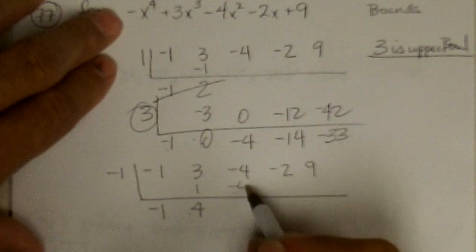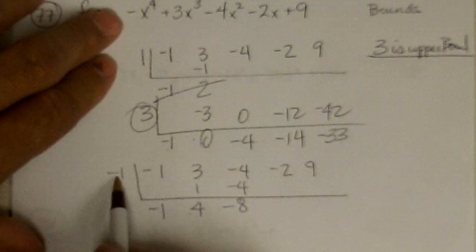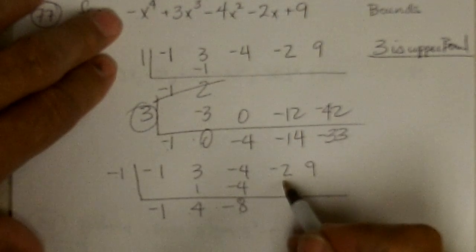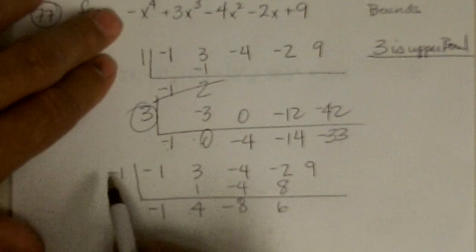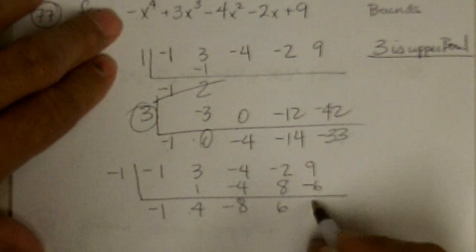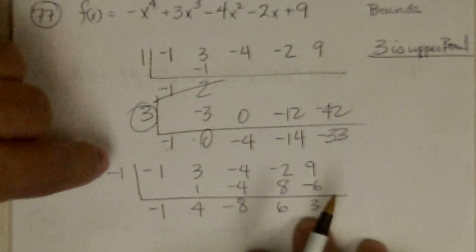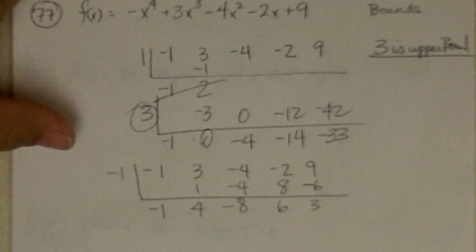This would be minus 4, that would be minus 8, that's a sign change. Minus 1 times that is 8, that's positive 6, that's a sign change. Minus 1 times that is minus 6, and that's 3. That's not a sign change.